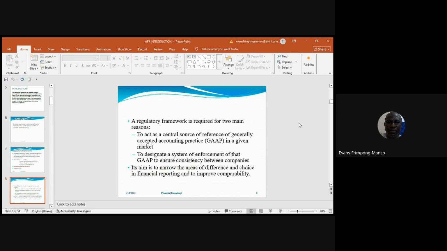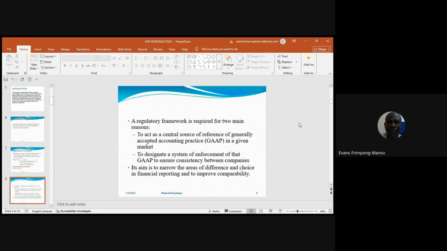So when I ask you in a quiz or end of semester to produce two main reasons why there is the need for a regulatory framework, you should be able to tell me that this regulatory framework acts as a central source of reference of generally accepted accounting practice or principles.